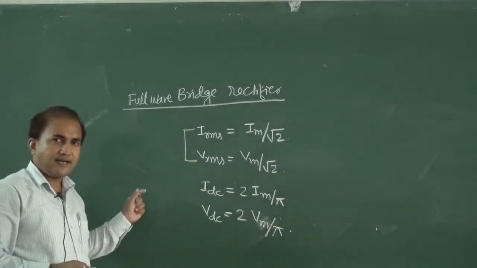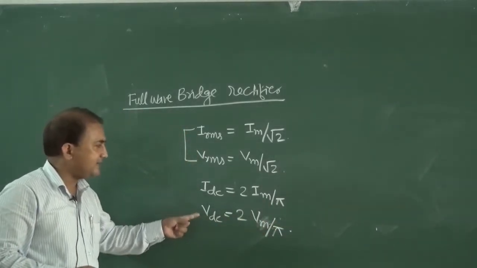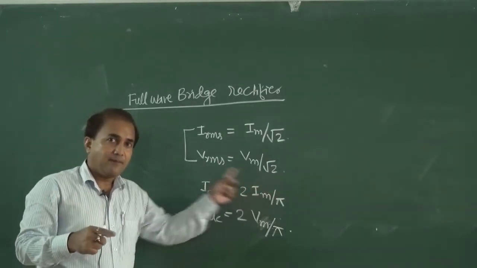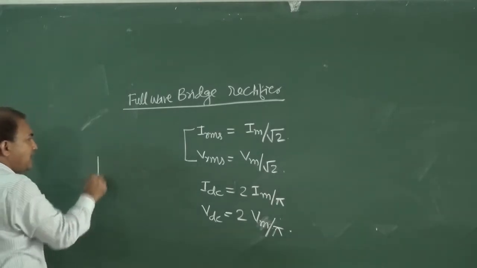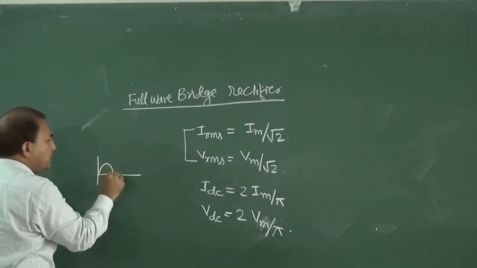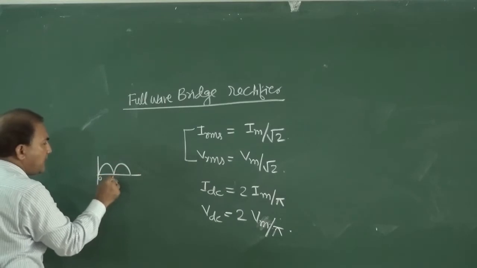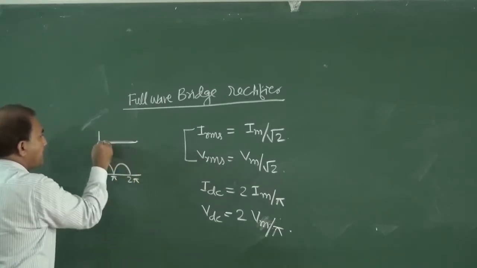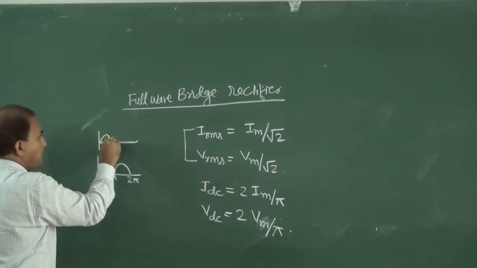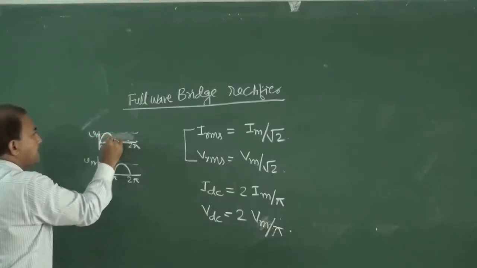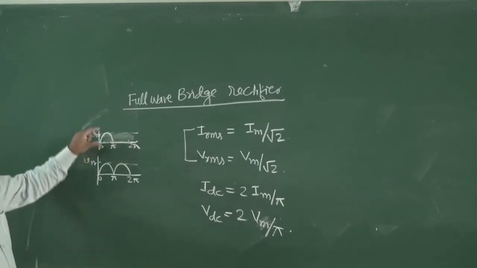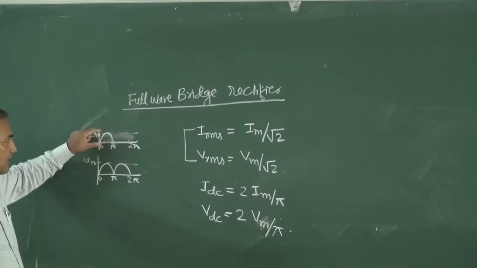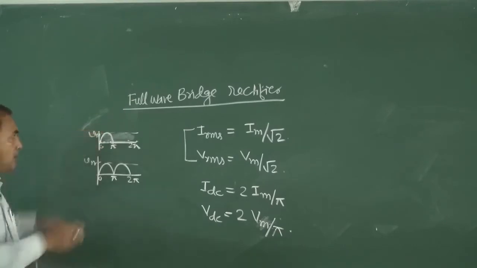In the half wave rectifier, we have seen that IDC is equal to Im by pi. In a half wave rectifier, we get output during only one half of the input.